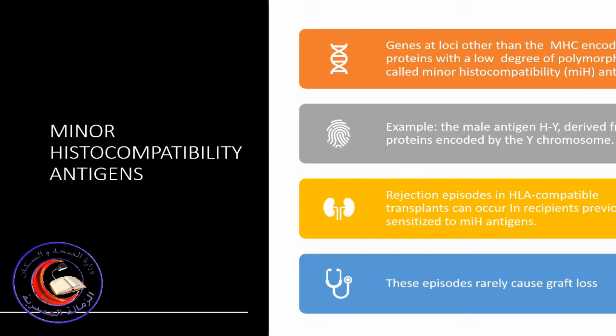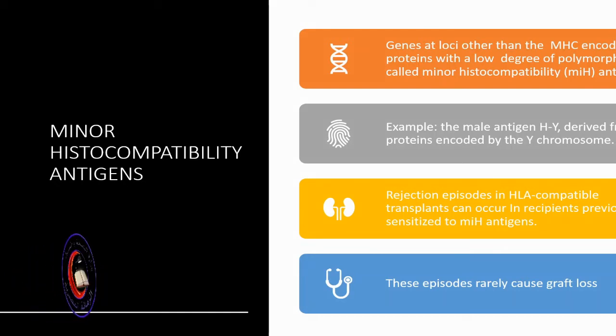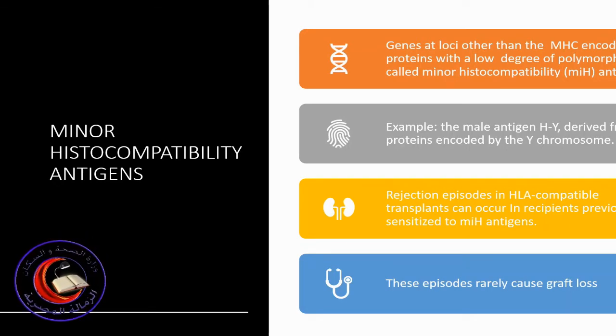That is to say, there isn't such a huge variety of such molecules as in the major HLA molecules. These are called minor histocompatibility antigens. Examples include the male antigen HY derived from proteins encoded by the Y or male chromosome.